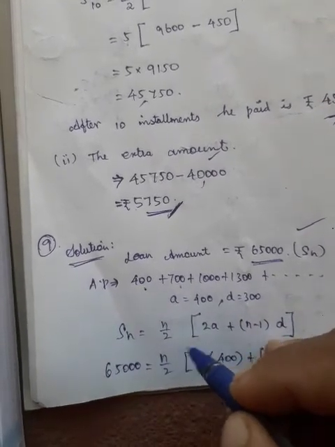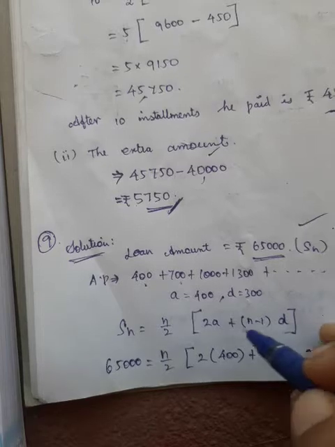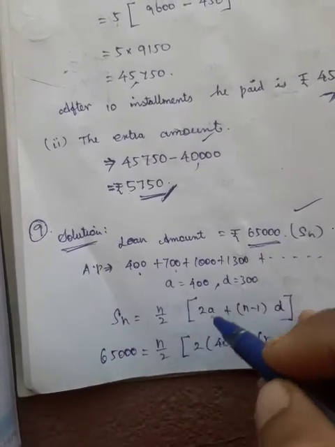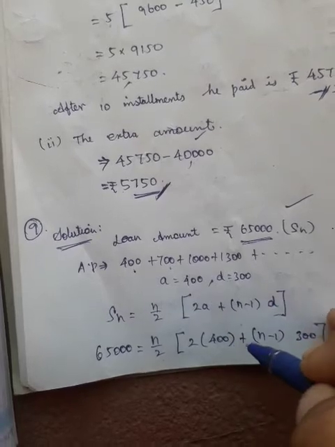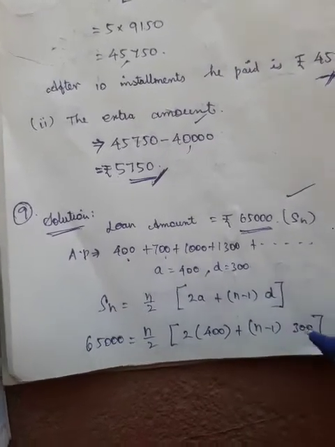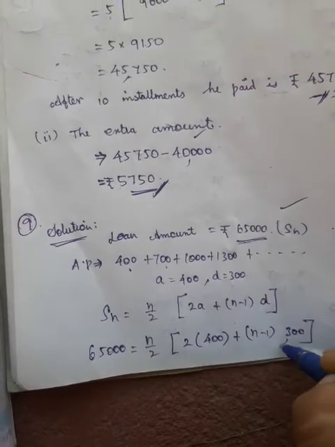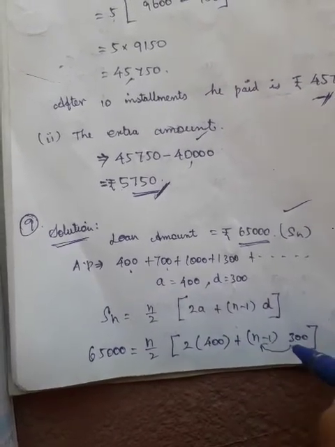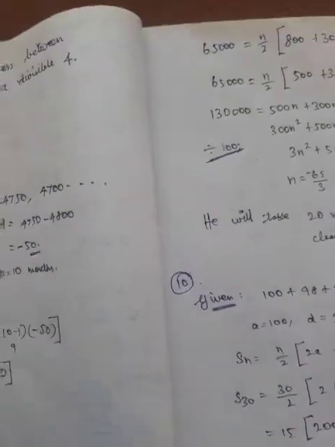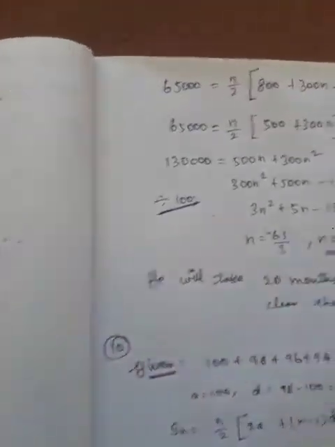Sn equals n by 2 into 2a plus n minus 1 into d. So 65,000 equals n by 2 into 2 into 400 plus n minus 1 into 300. The 300 multiplied by n gives 300n, and the first term 2 into 400 is 800.